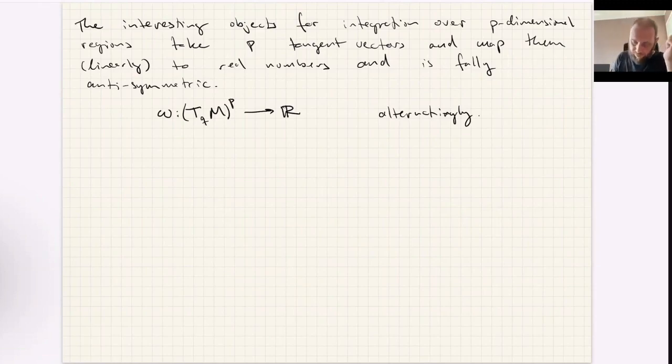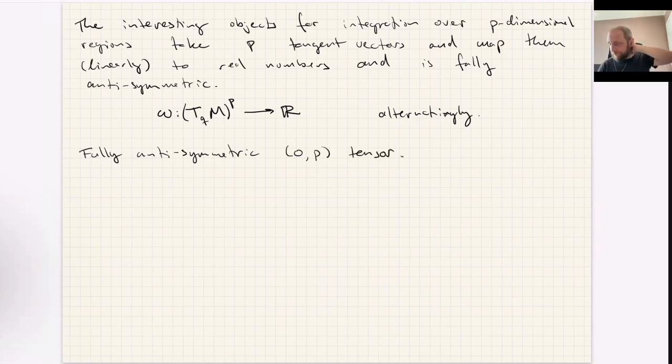And being linear, it means that it's a 0p tensor. So it's a fully antisymmetric 0p tensor. Right? Because it takes p vectors and maps them to a number alternatingly. And this is such an important subset of the 0p tensors that it has a name. These are called p-forms.